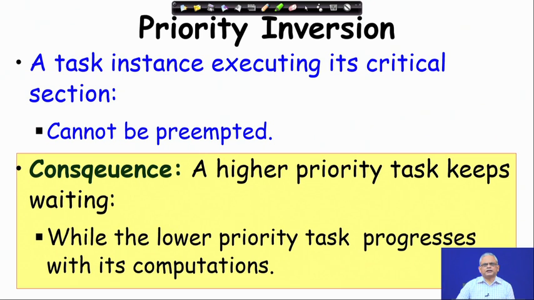So, the high priority task is ready and needs the resource actually. If it is just ready, and does not need the resource, it can be executed, but here the high priority task needs the resource, and the low priority task cannot be preempted from using its resource, and therefore, the high priority task keeps on waiting for the low priority task to release its resource.